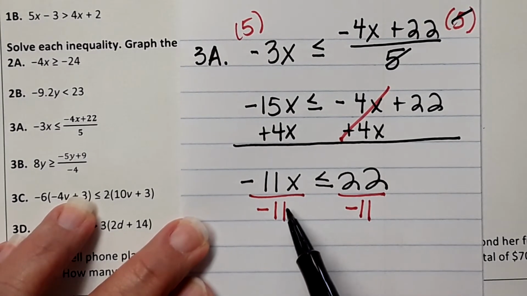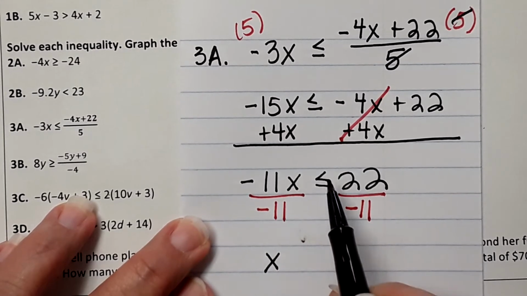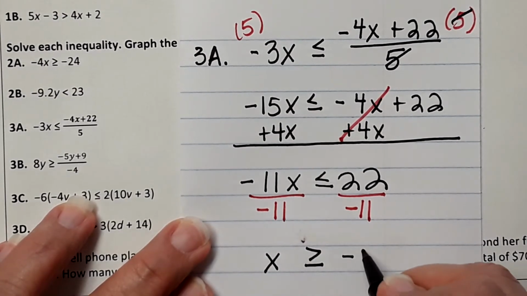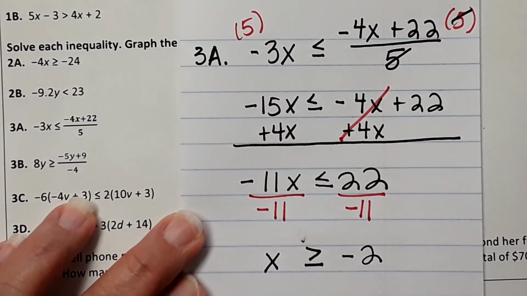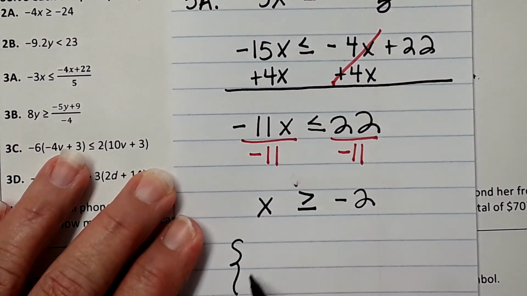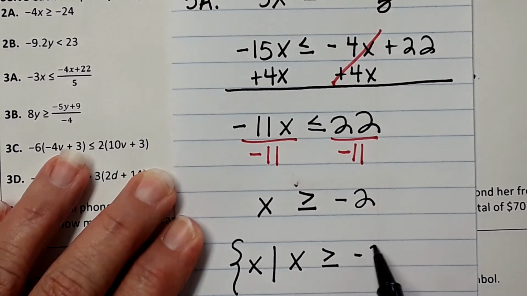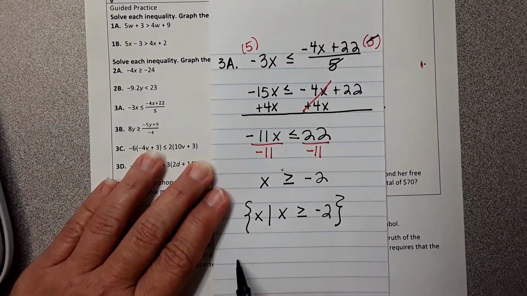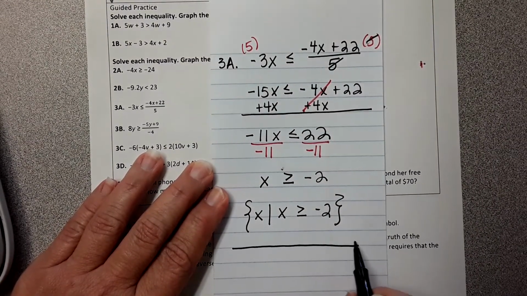And because I divided by a negative, this sign flips. 22 divided by -11 is -2. Set builder notation. And then finally, you know what it is, a number line.